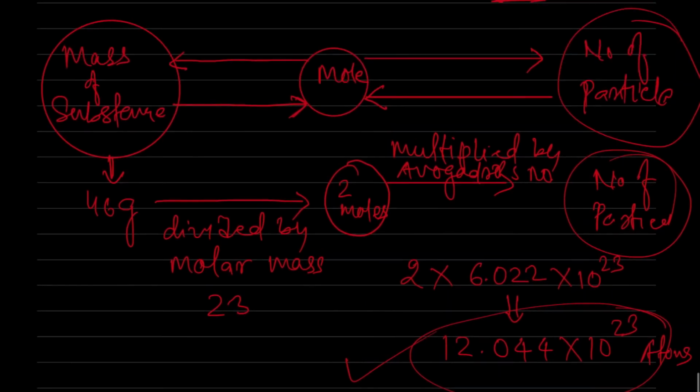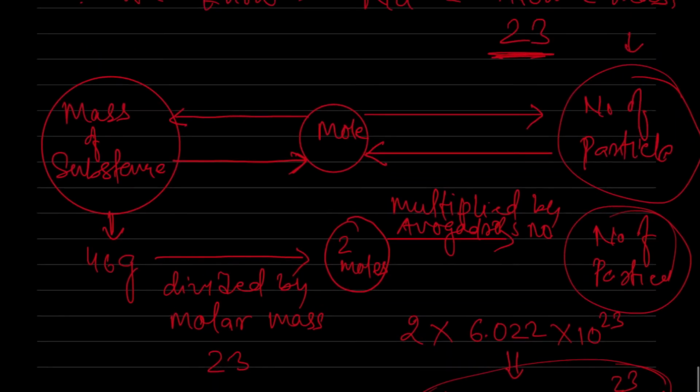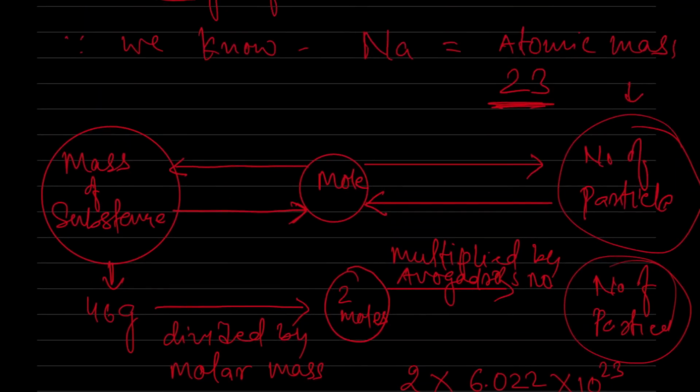So we have to keep in our mind the relationship between mole, mass of the substance, and number of particles. If we are getting the number of particles from mole, then we have to multiply this value by the Avogadro number.